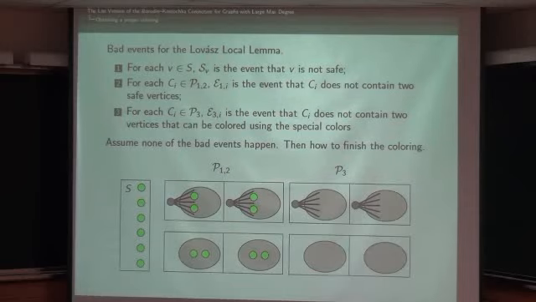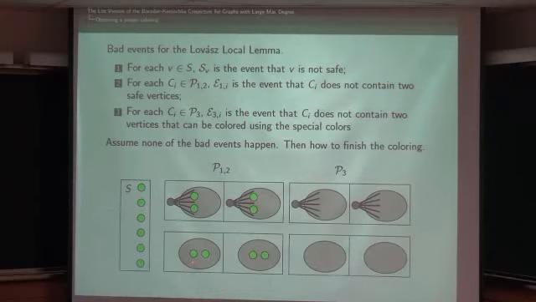So now let's look at the remaining vertices in this part of the graph. Each vertex here is in this clique. So that vertex is adjacent to 2 safe vertices. And if you remember what I said in the very beginning, if you're adjacent to 2 uncolored vertices, there always exists a color in your list that you can apply to yourself.